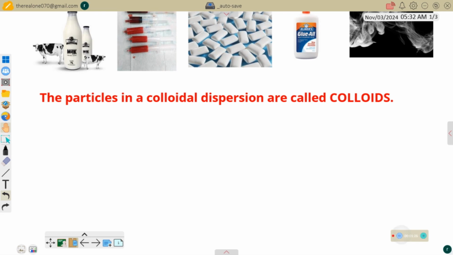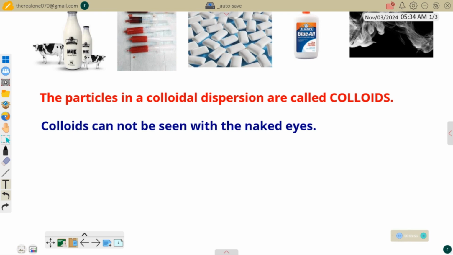That is, crystalloids are the solutes that dissolve in a true solution, but colloids are the solutes that dissolve in a colloidal dispersion, and they are very much bigger than crystalloids. But notwithstanding, colloids too cannot be seen with the naked eye, just like crystalloids, but they can be viewed with a microscope. Although colloids are bigger than crystalloids, they are smaller than sediments.